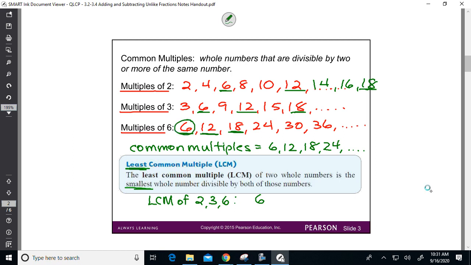It was the first number that matched. So common multiples are all the numbers that match. The least common multiple is the smallest one. Any questions on the difference between the two?